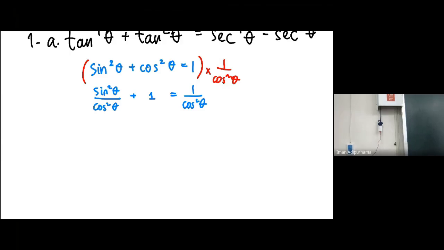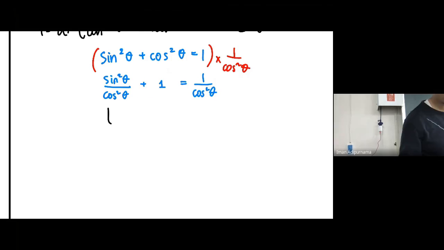So this is how you relate the basic identity in trigonometry with the other one. And we can write this as tangent squared theta plus 1 is equal to 1 over cosine squared, which is secant squared.